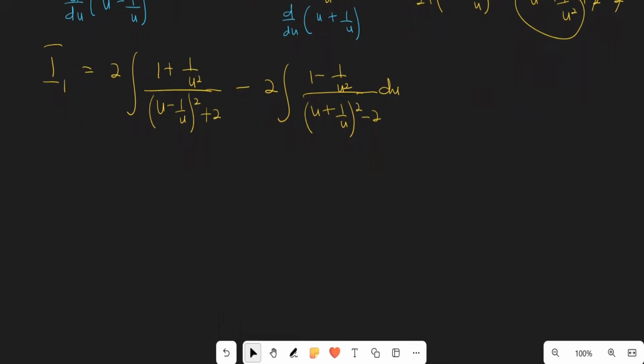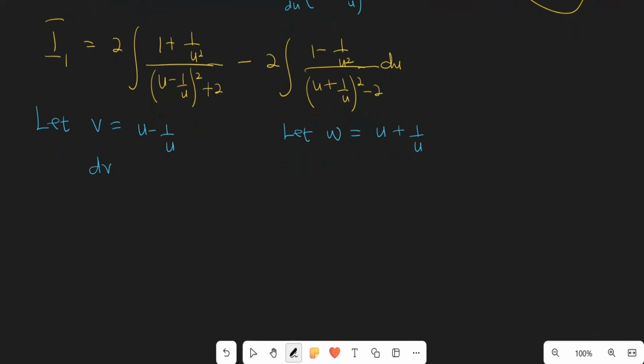And now let's do a substitution. I am going to let v be equal to u minus 1 over u. And I am going to let, let's say, w be equal to u plus 1 over u. Now let's differentiate. dv is going to be equal to (1 plus 1 over u squared), and all this one du, right?